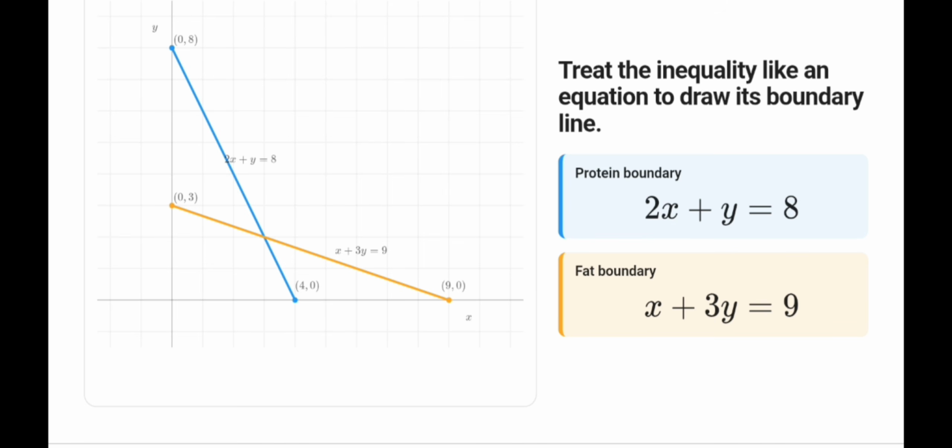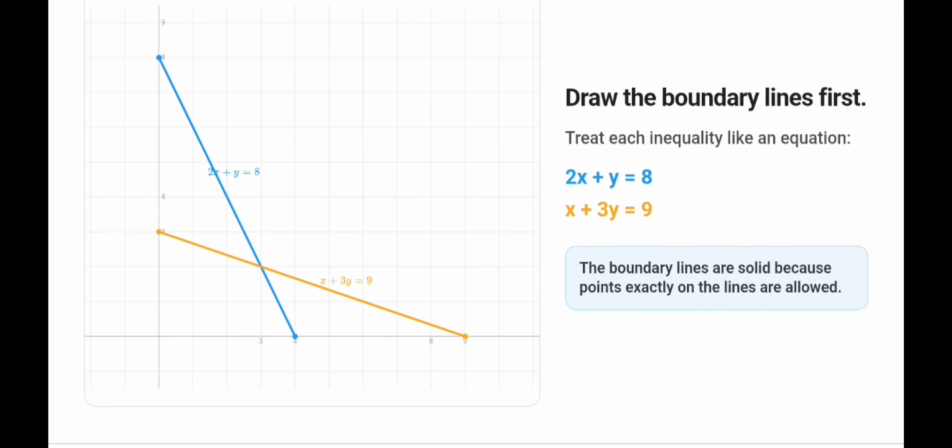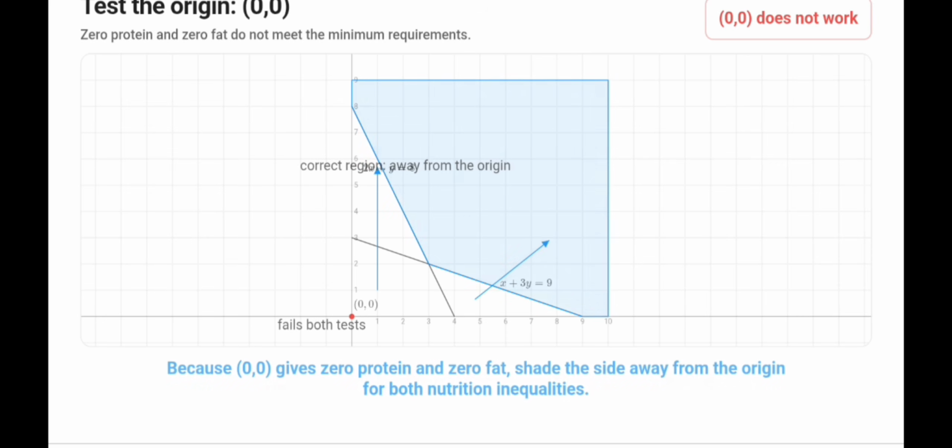The boundary lines are solid because points exactly on the lines are allowed when the symbol means greater than or equal to. A test point, such as the origin, shows which side of each boundary line works, and because 0 protein and 0 fat do not meet the minimum requirements, the correct region is away from the origin for both nutrition inequalities.